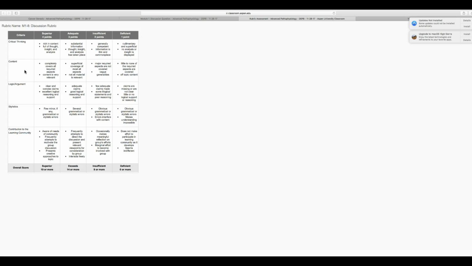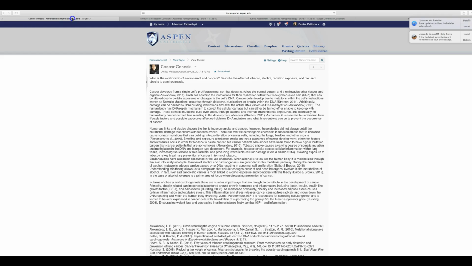Logic and argument. Logic and argument is when you're going to make a statement, right? For example, if I say it's really important that we teach people not to smoke because we know it causes cancer. Okay, great. But what logic and support do we have to actually back up that point?